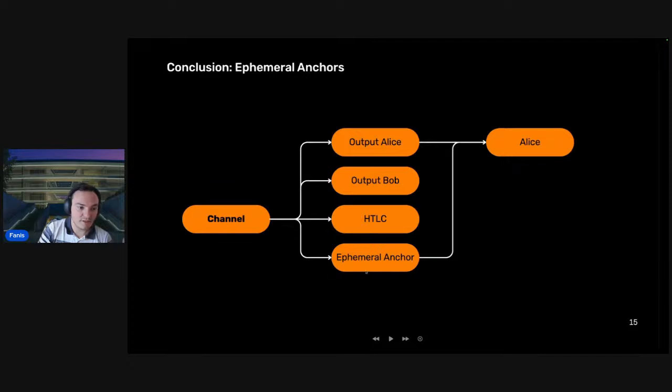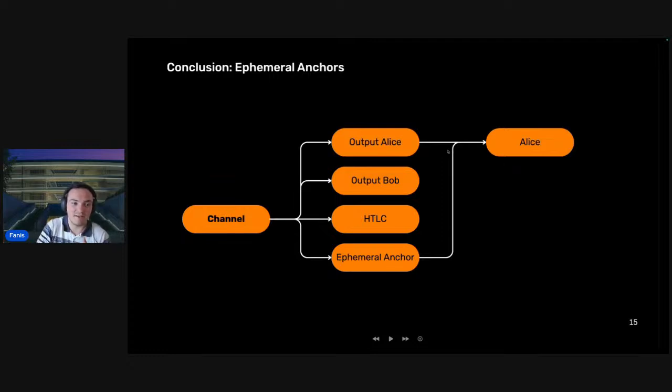So you publish the commitment transaction that could look something like that, with only one ephemeral anchor that anyone can spend, because you don't need any witness data to spend it. One example could be that Alice could spend it. Actually, that's a bad example, because there is a time lock on Alice's output in Alice's version of the transaction.